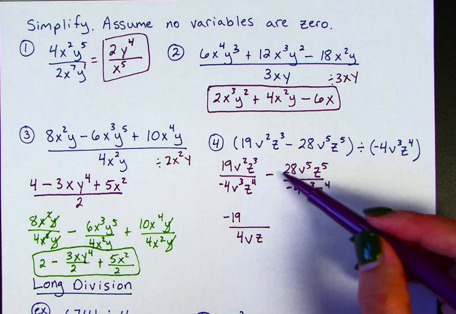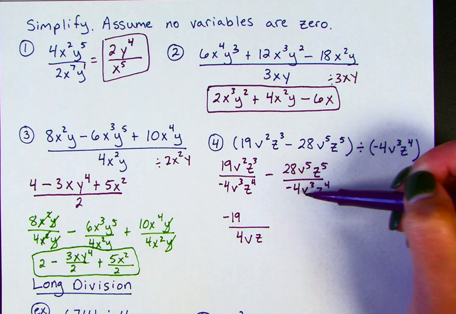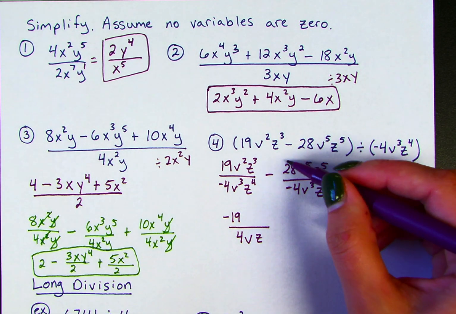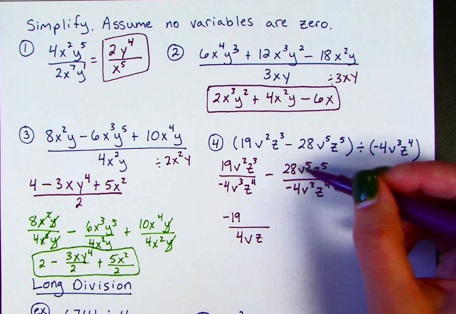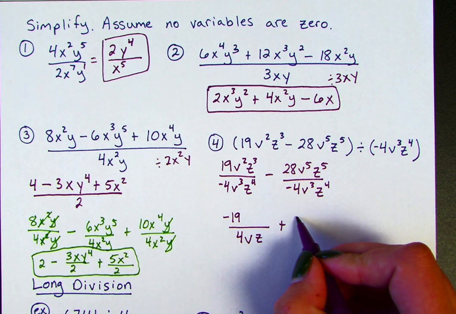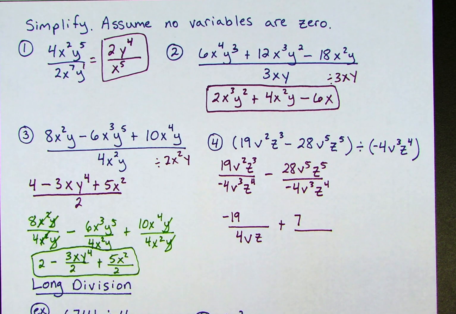And then as I'm looking here, these are both divisible by negative 4. When I do that to the numerator, since we are subtracting a negative, that's going to become a positive. So this is going to become a plus, and then I will have 7 up in the numerator, and 4 divided by itself is 1.